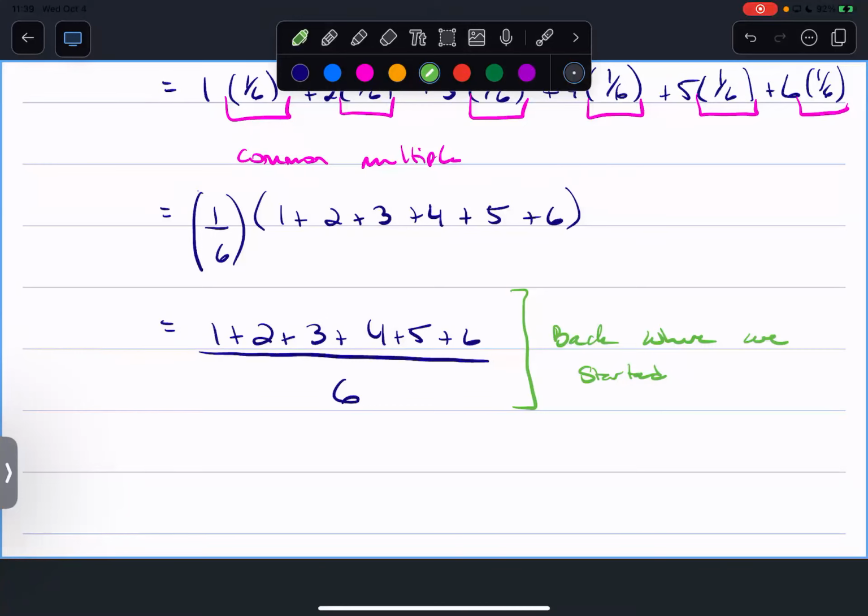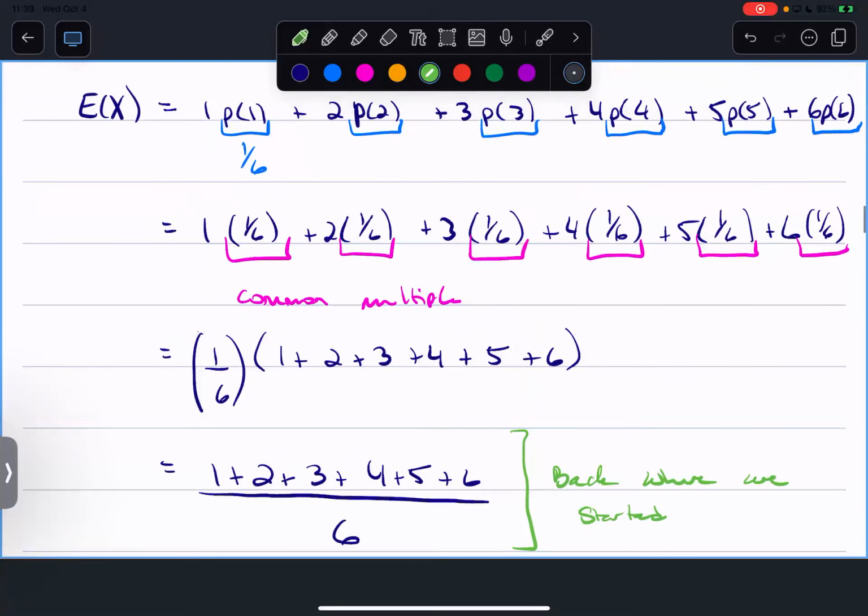So now what would you have to do if I told you that the probability of a 1 is now 0.5, and then the rest are distributed evenly? What would you have to do? Well, now this changes, right? 1 is going to be times 0.5 or 1/2, whatever you want.